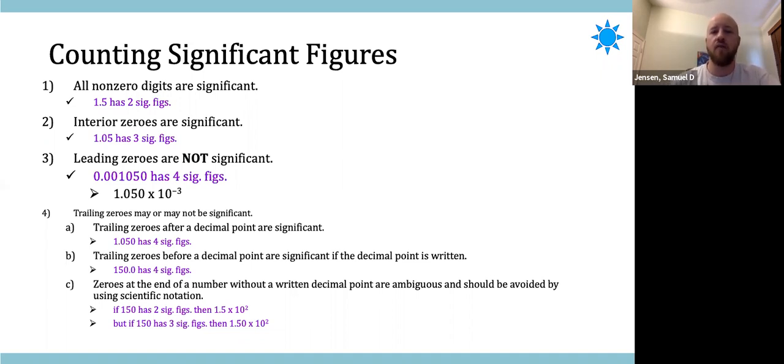So when we have these various digits, as you convert that number into scientific notation, the 0.0100105, those front zeros disappear. If they were significant, then they wouldn't have disappeared. But leading zeros are not significant. Okay, so we want to be able to count how many digits are important when we do a calculation.